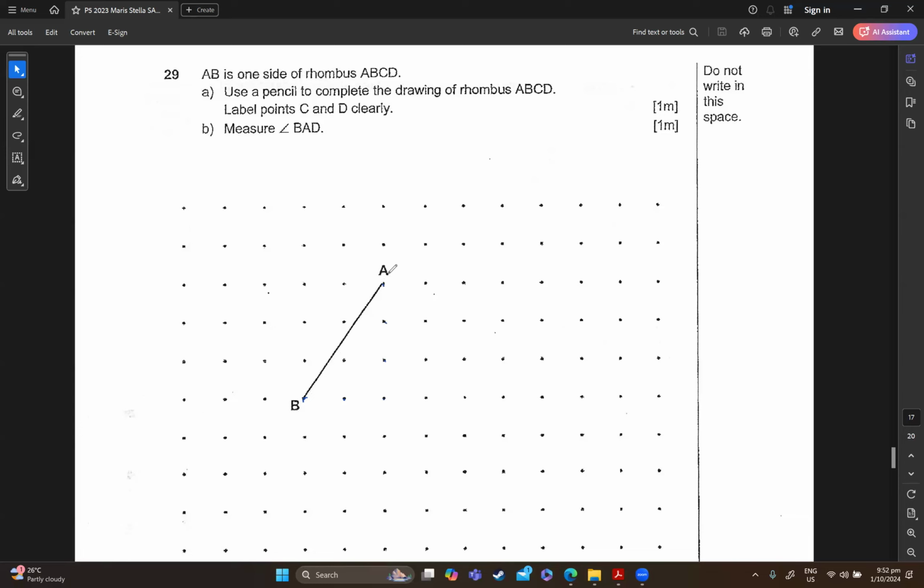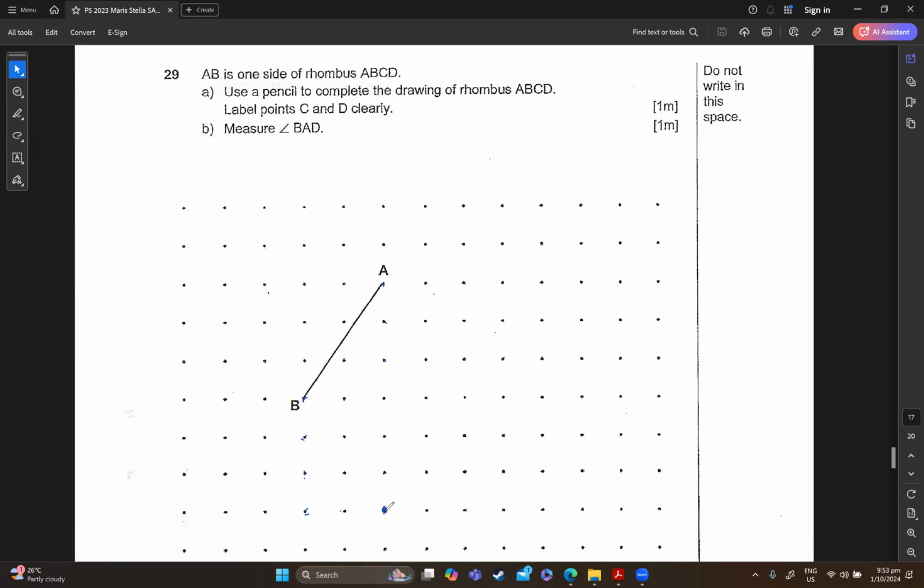So what you can do is measure the length of this, and then you can draw it down this way. So you count 1, 2, 3, then you move in this direction, 1, 2.